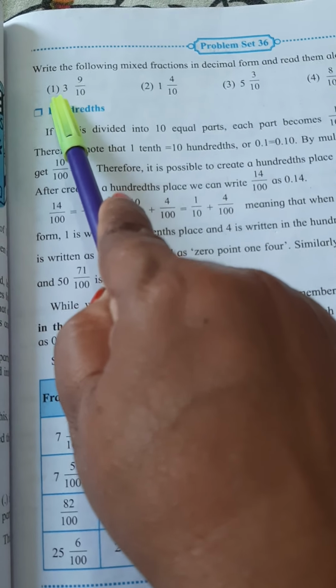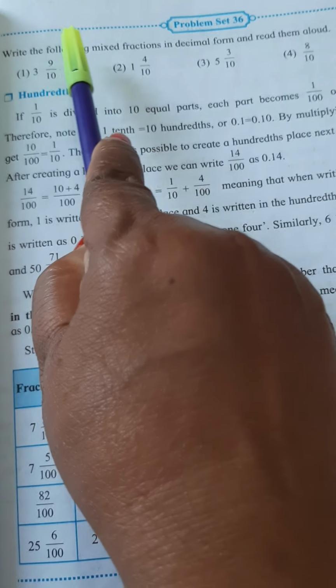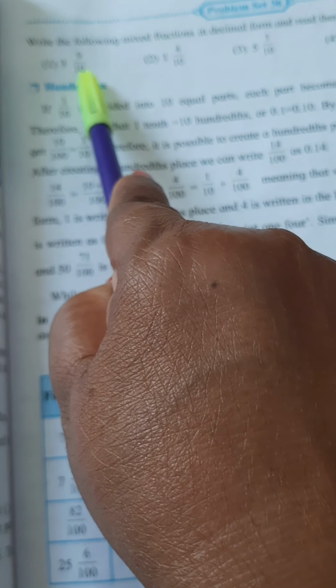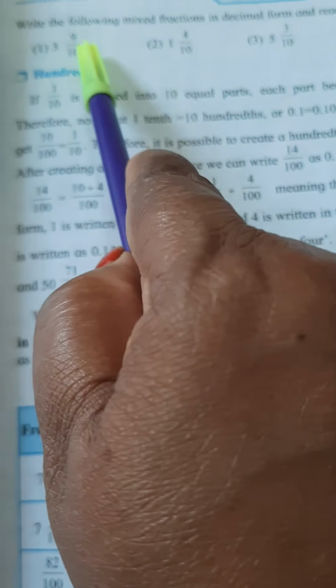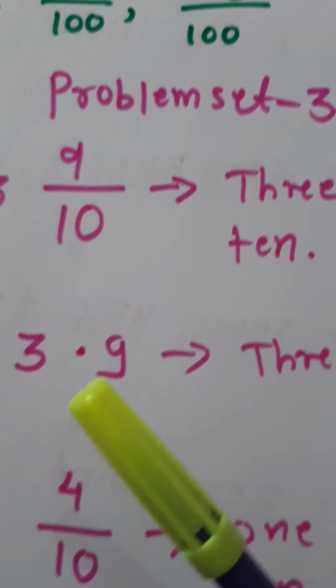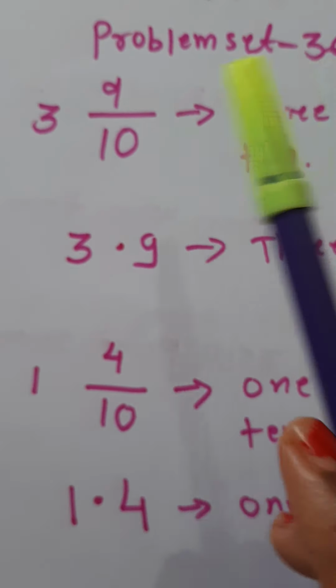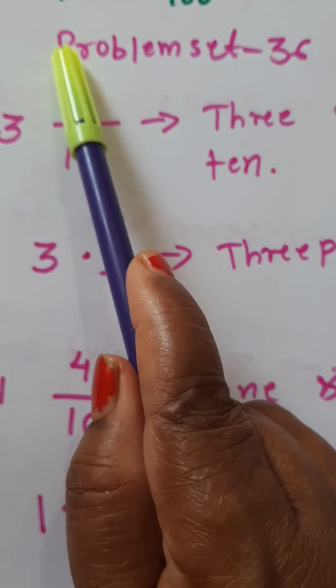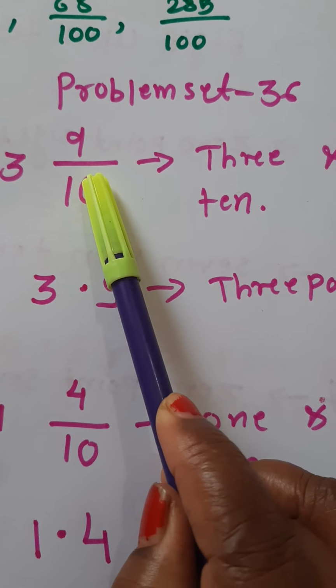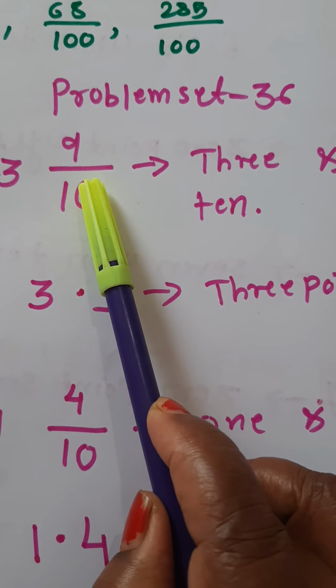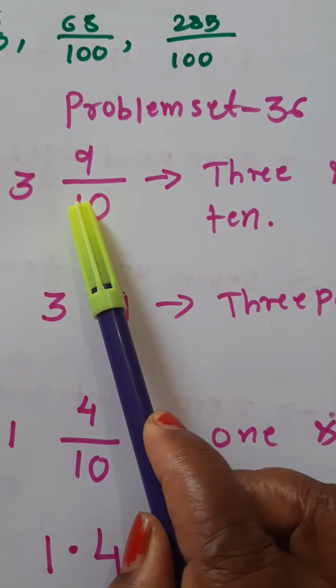Look at the first problem. 3 and 9 upon 10. How to read? 3 and 9 upon 10. Now see here, downside 1 0. It means the point will come after one digit.